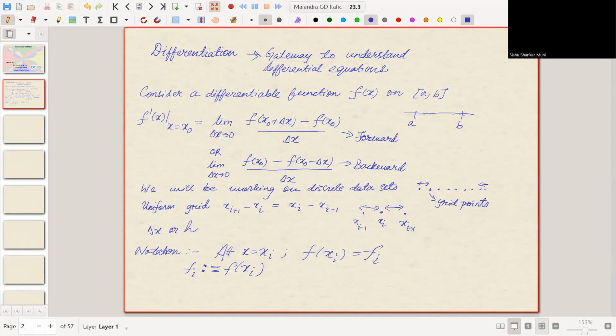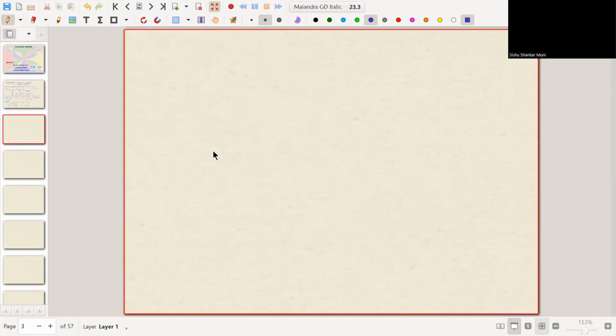Similarly, can anyone say what is f_{i+1}? All right, I'll spill the beans first, and then we'll see how it is derived.